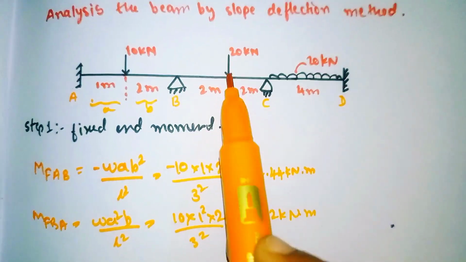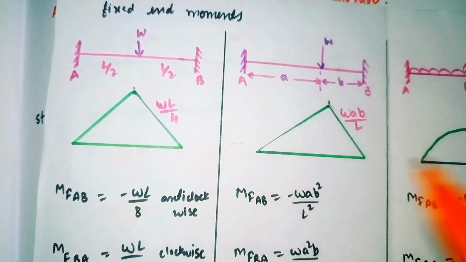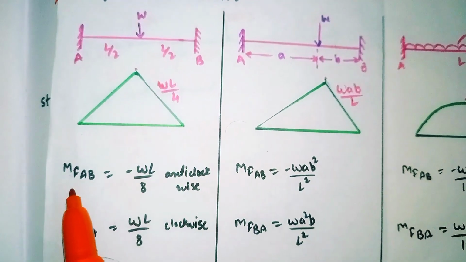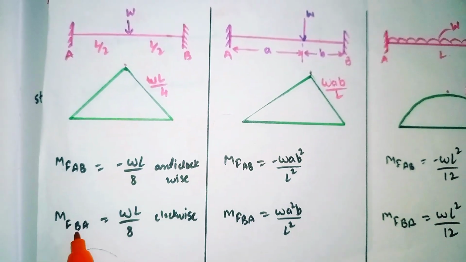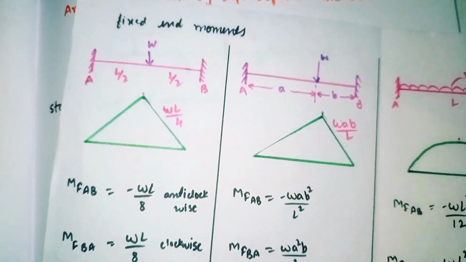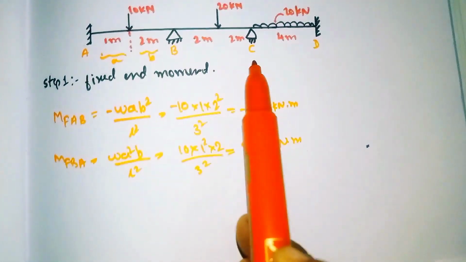Similarly we'll calculate this for span BC. For BC the load is acting at the center, and for this we have the formula MFAB is equal to minus WL divided by 8 and MFBA is equal to WL divided by 8. By using these two formulas we'll calculate the fixed end moments for span BC as well as CB.